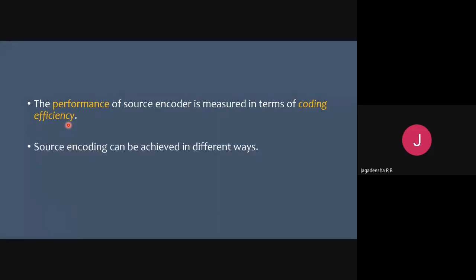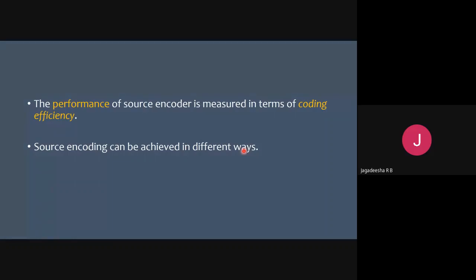And then source coding can be achieved in different ways. As I said, the source encoder is a general block or general idea. You can run your own algorithm to represent the bits. For example, where A, B, C are different messages, we represent A by 00, B by 01. It need not be the case.